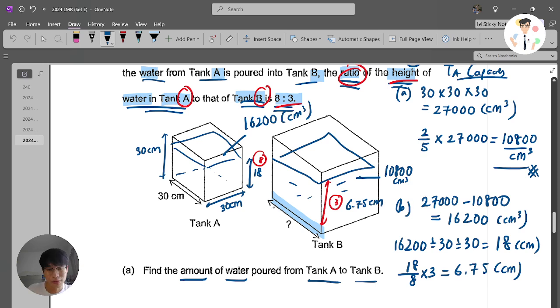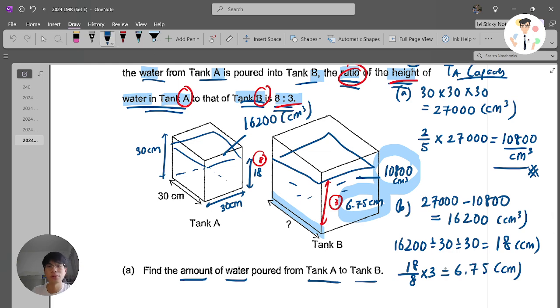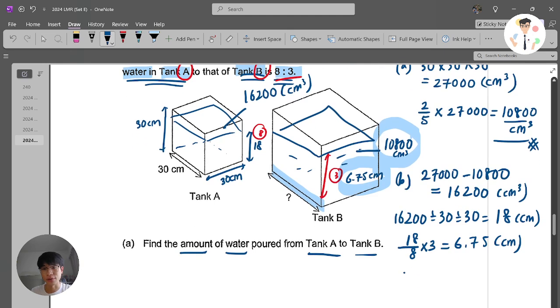Now, I'm looking for the length here. If I use the volume of water divided by the height of the water, I will be able to find the base area. So let's try to divide first. 10,800 divided by 6.75, and the base area that I have, press on the calculator, you should get 1600. That is in cm squared.